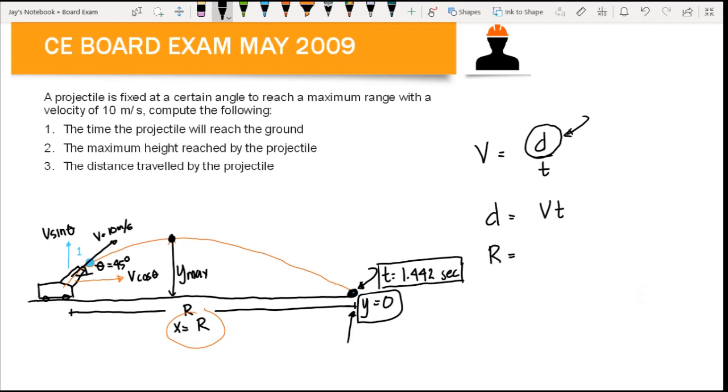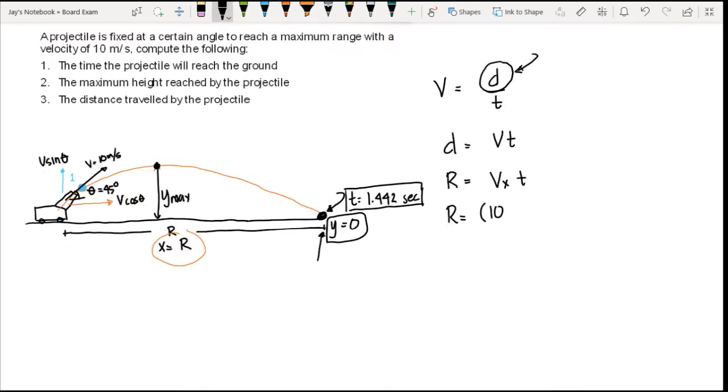The velocity here is the horizontal component of the velocity. So we will be using here vx, then times the time. So we have here r is equal to vx, from the formula, 10. Then since the horizontal component is cosine, so we have cosine of the angle 45 degrees times the time.